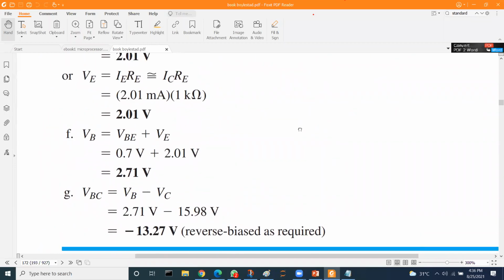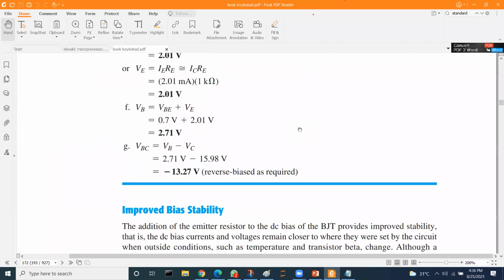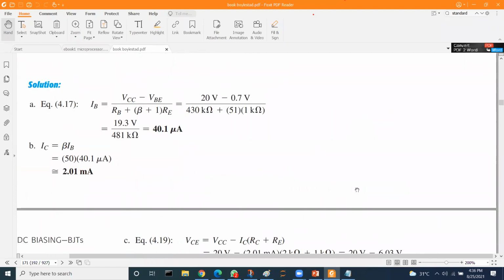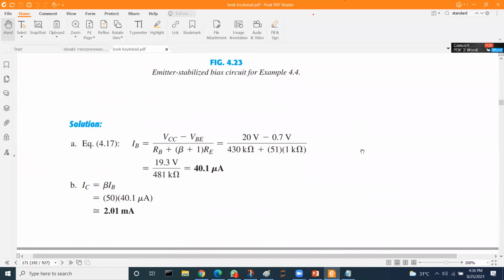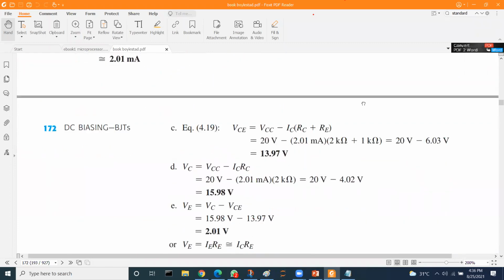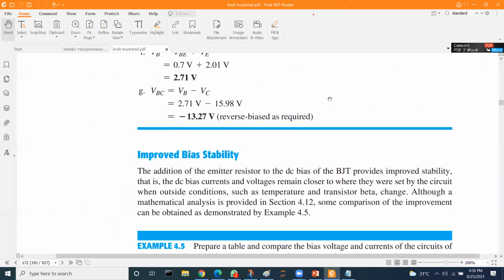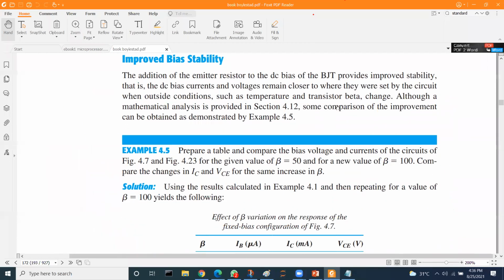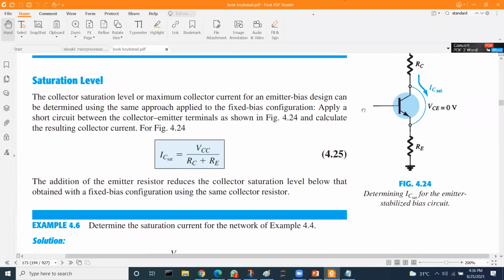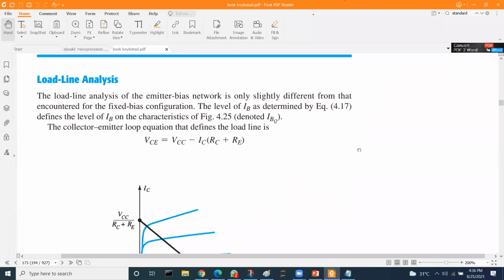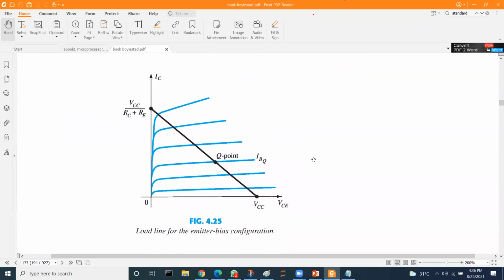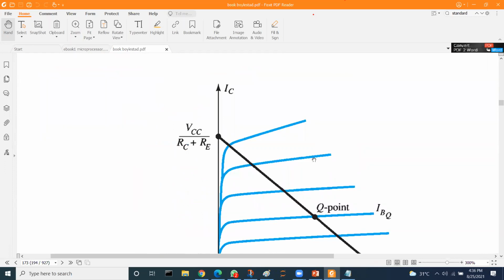Okay, part of our work is to go through the load line analysis as well. So let's see if there is a question on the load line analysis. Okay, so here we have the load line analysis. First of all, we see what is the difference.